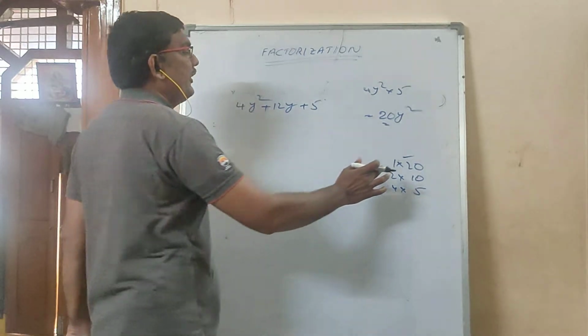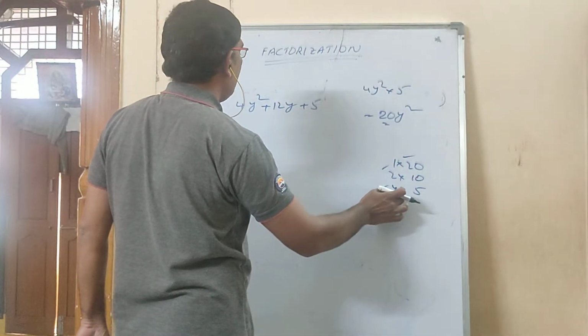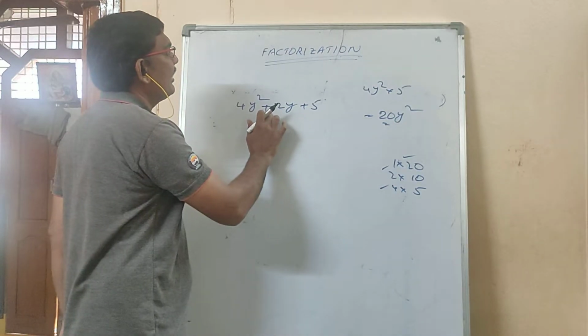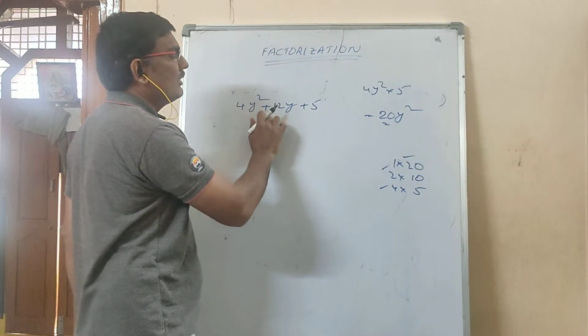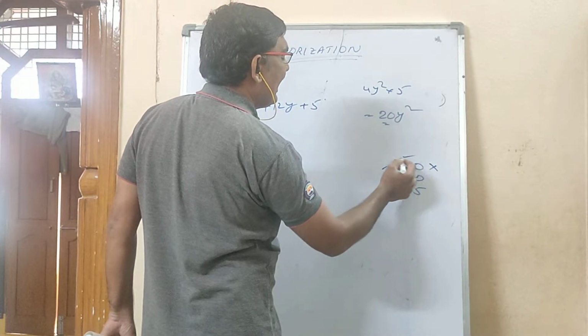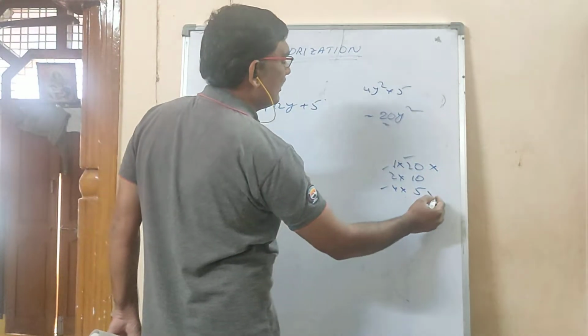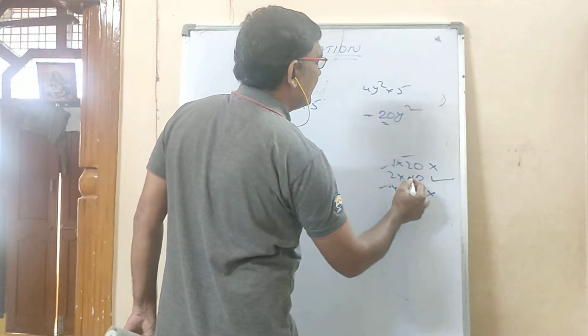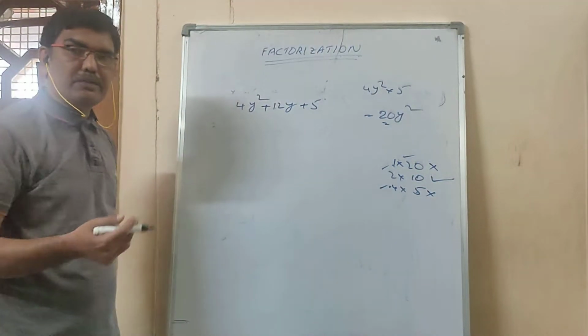Now if you add or subtract, you should get this middle term's coefficient. Middle term is 12y, y coefficient is 12. So these two if you add or subtract you won't get 12. These two if you add or subtract you won't get 12. If you add 2 and 10 you are getting 12.